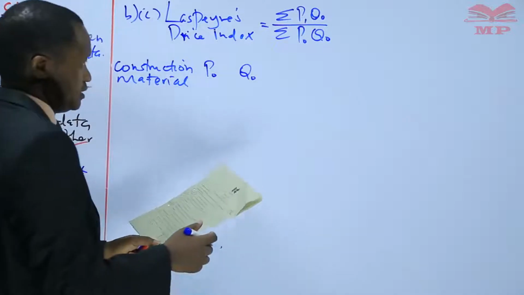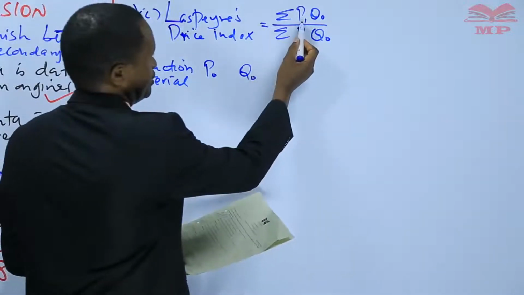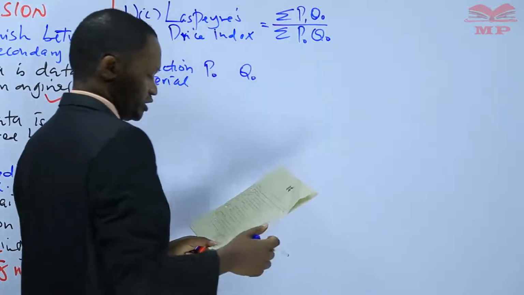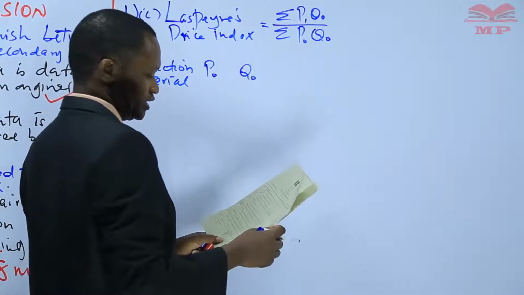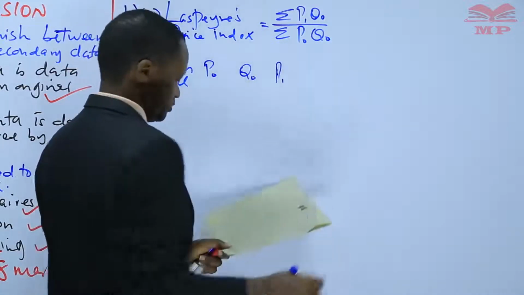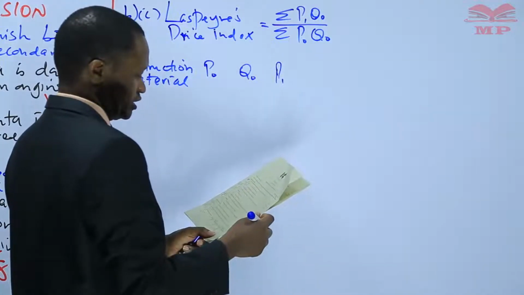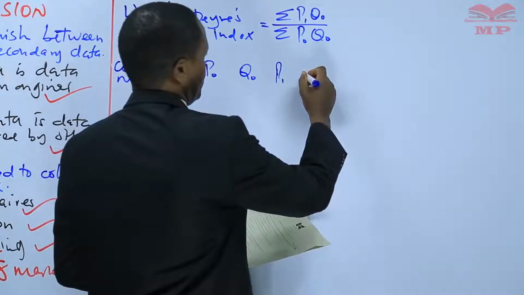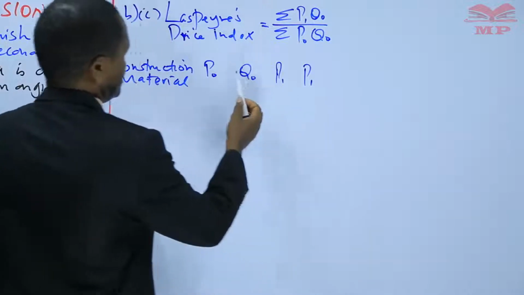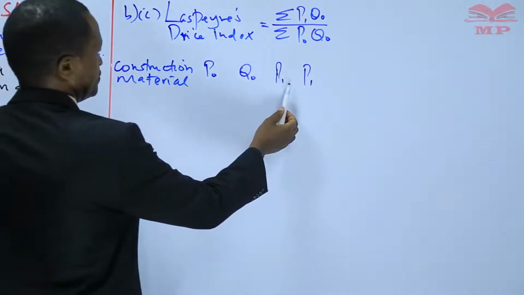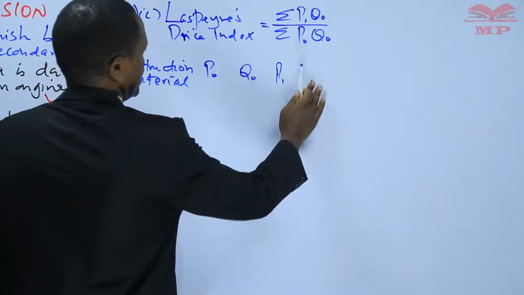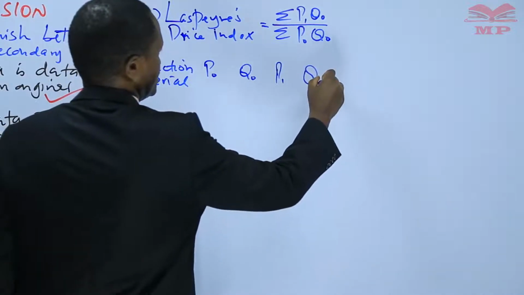The prices for the year 2018 will be represented by P1, and the quantities for 2018 by Q1. These are current prices and current quantities.